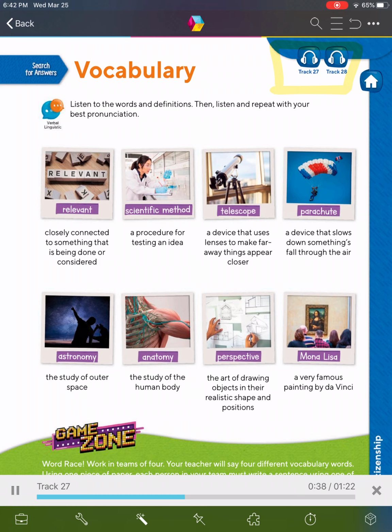Parachute. Astronomy. Anatomy. Perspective. Mona Lisa.